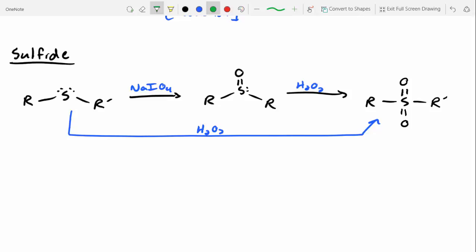This is a sulfide. This is a sulfoxide, because now we have an oxygen on there. And then the last one is called a sulfone. So you may occasionally hear these names thrown around in your textbook, and I wanted you to be able to place a functional group with the name that they're throwing around in the Klein textbook.